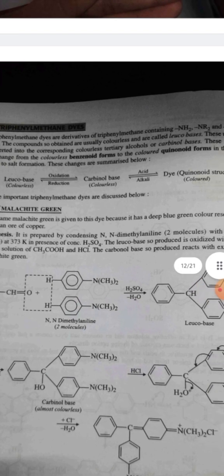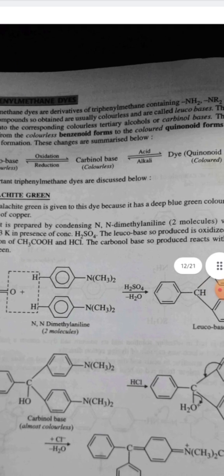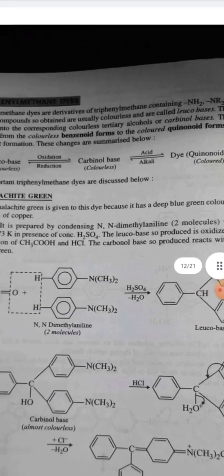Upon oxidation these are converted into the corresponding colorless tertiary alcohol or carbinol bases. These carbinol bases readily change from a colorless benzenoid form to the colored quinonoid form in the presence of acid due to salt formation. These changes are summarized below.